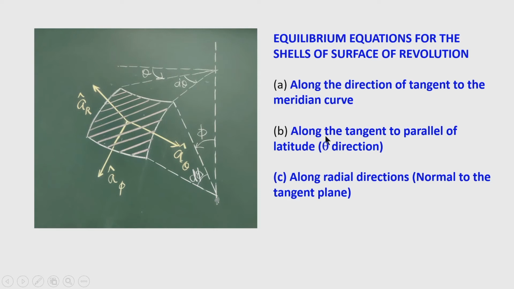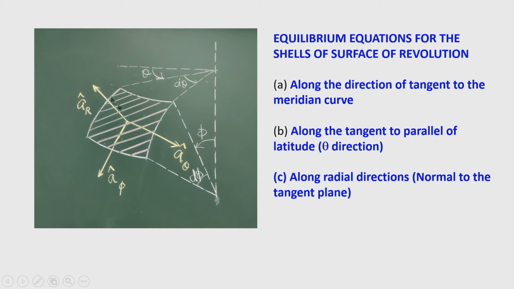Now, next is the tangent to the parallel of latitude. The latitude you have seen is the horizontal, parallel circle. In that direction we will again collect all the components and sum them up, and that direction is known as the theta direction.